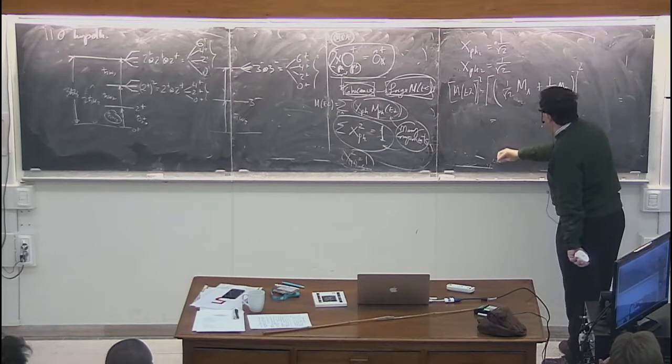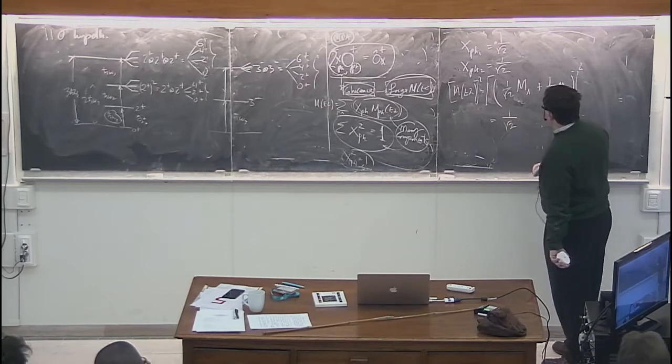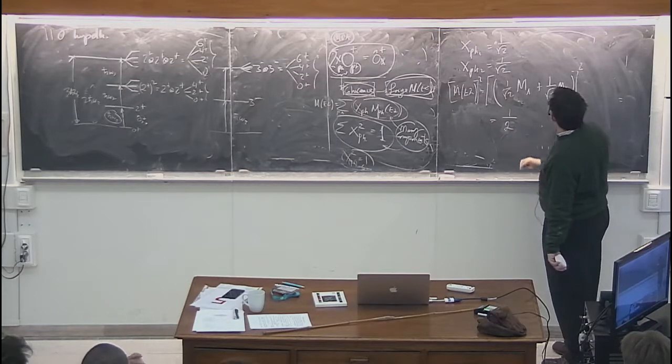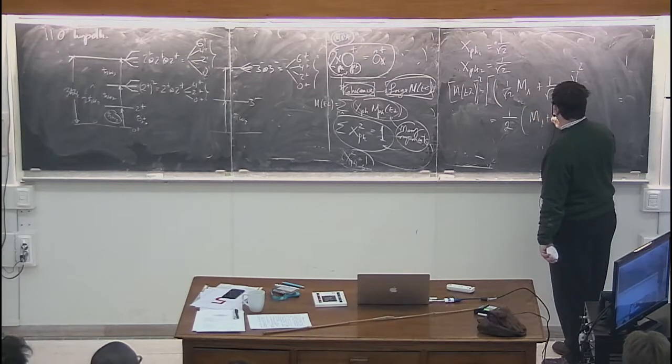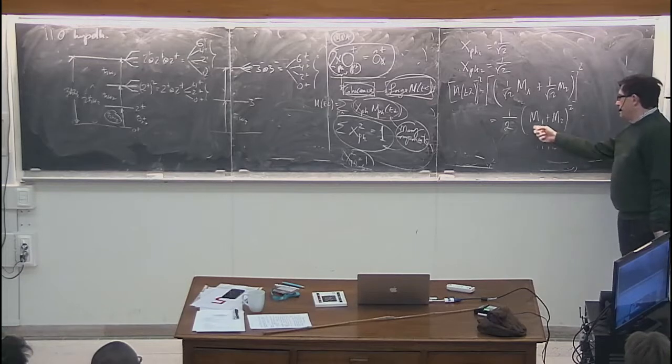Suppose that M1 is similar to M2. So you see that now, when you square, you obtain 2 times M. So it's a double than if you had only one particle.